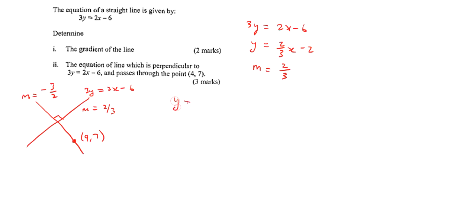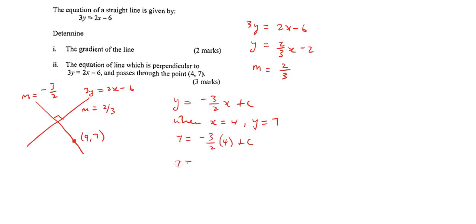So therefore, y is equal to minus 3/2 x plus c. And we know that when x equals 4, y equals 7. So therefore, 7 is equal to minus 3/2 by 4 plus c.